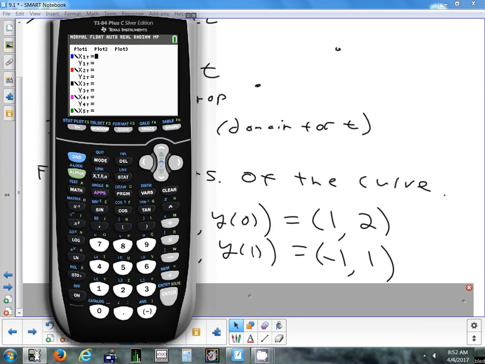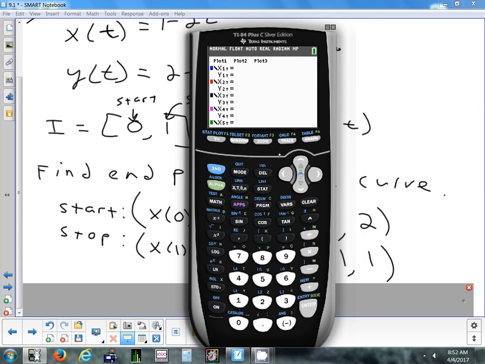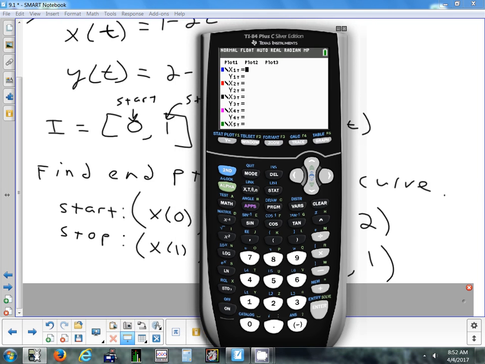Notice when you press parametric now, and then press y equals, the screen looks different. For each equation you want to graph, you have to type in an x and a y. If you only type in 1, you won't get anything. When we press this X,T,theta button, what letter normally comes up? X. When you're in function mode, x comes up.